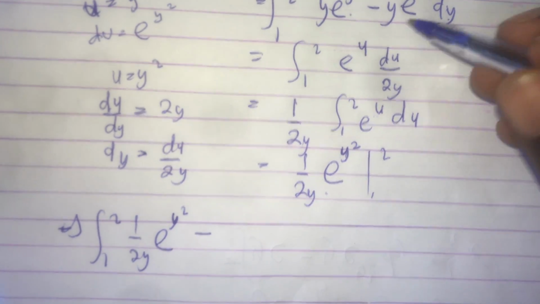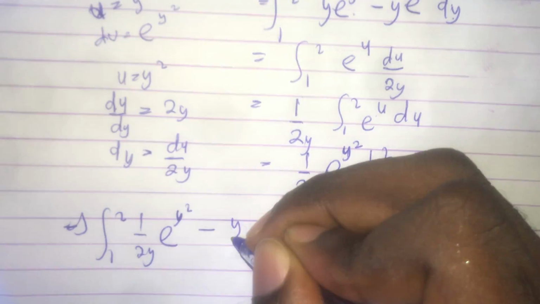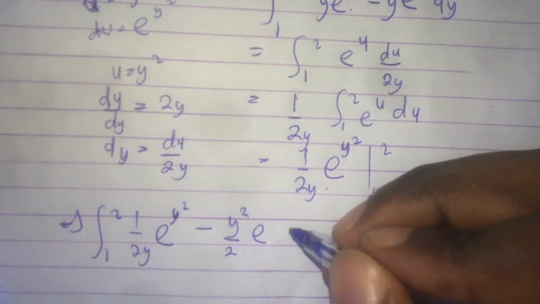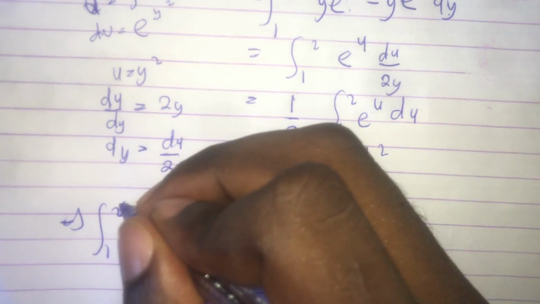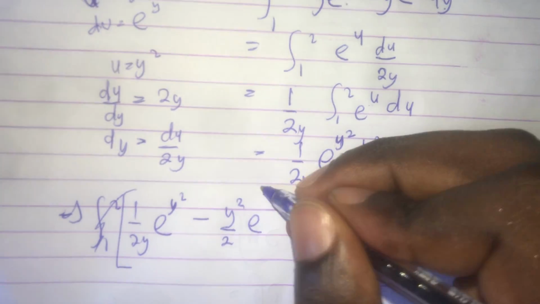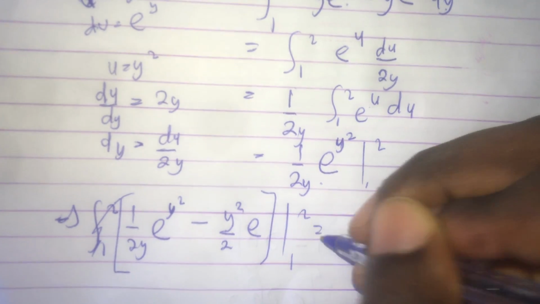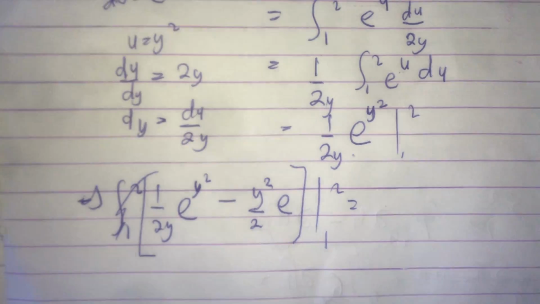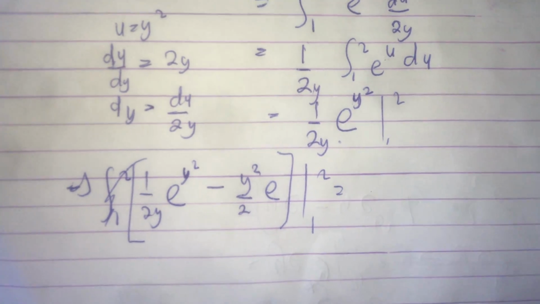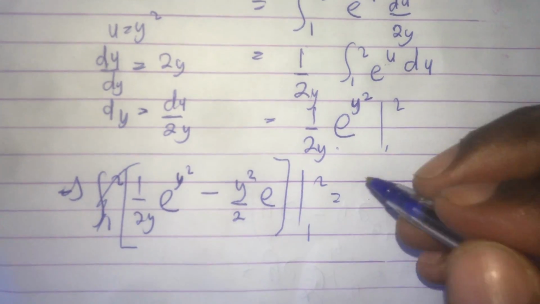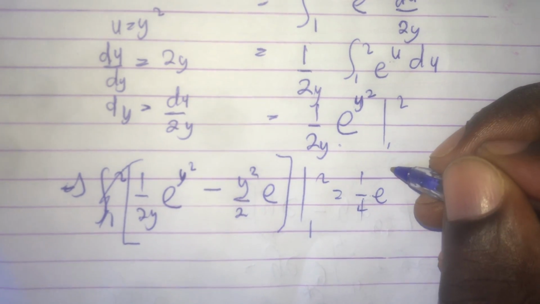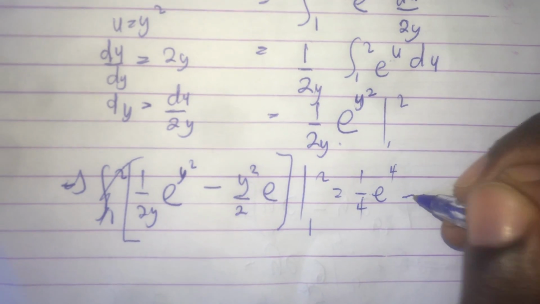The integral of this, we will get e^(y squared) over 2. So we are done with the integral, and it's from 1 to 2. So we put in 2 first and put in 1 later. Wherever you see y, put in 2, you have e^4 over 2, minus, and you put in 1, you have e over 2.